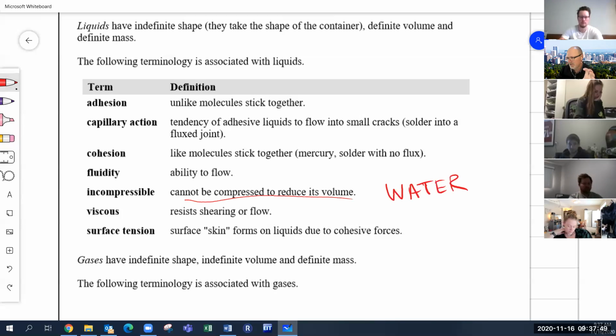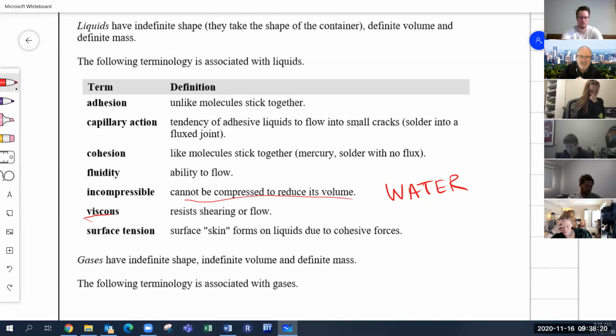Is that true of all liquids? No, but water is the one we're going to be concerned about mostly. Some fluids can be compressed, but most fluids can't be compressed. They could be put under pressure, but you can't make them smaller than they are.